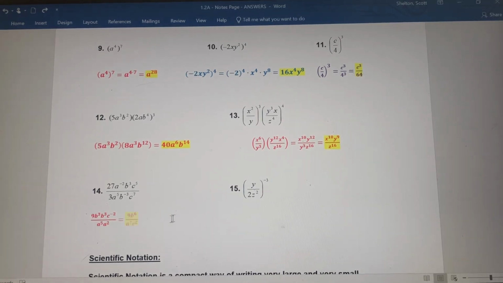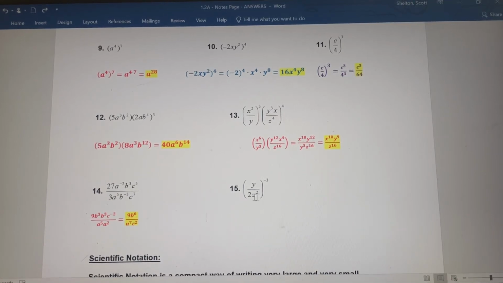So my final answer should be 9 times b to the 6th over a to the 7th c squared. It helps if you've got different bases to write those in alphabetical order. You don't have to, but if you'll notice on all of my answers that have multiple variables, they're in alphabetical order. That's just a good policy to have.